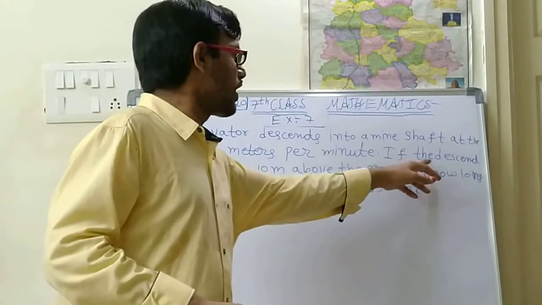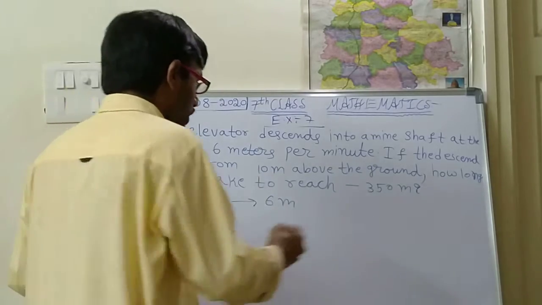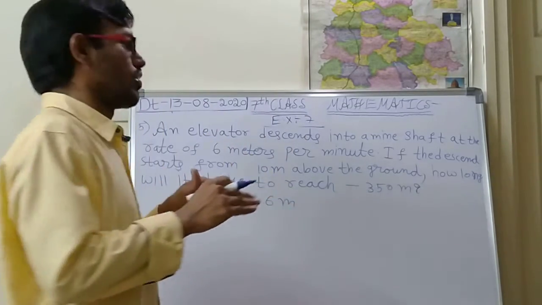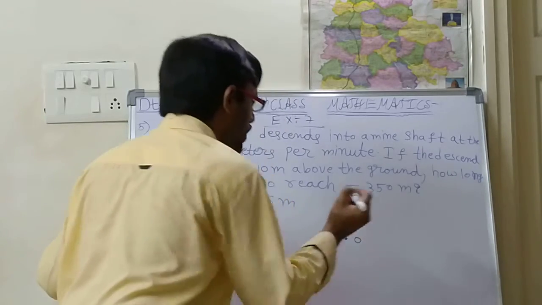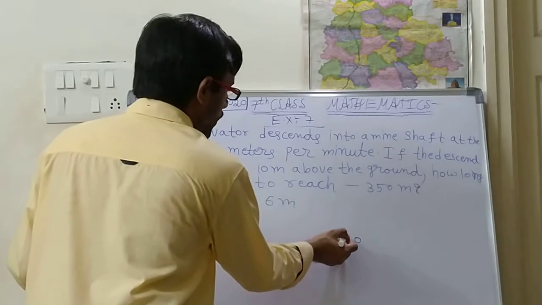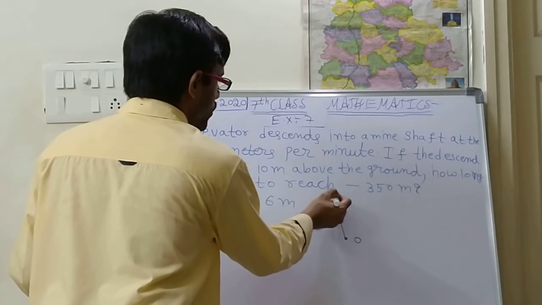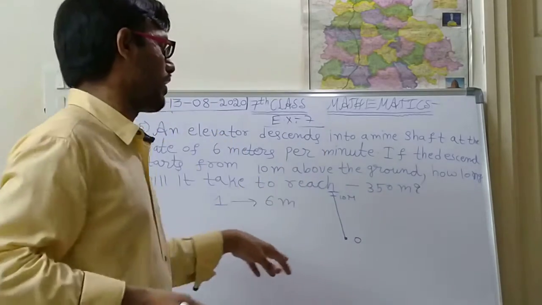So if the descent starts from 10 meters above the ground. Suppose ground level you have to think of as 0. So above the ground is 10 meters.